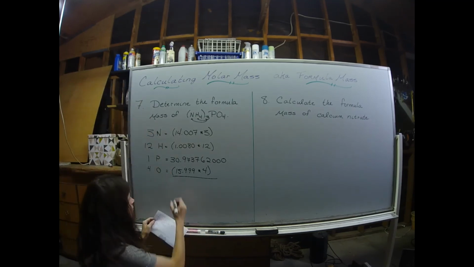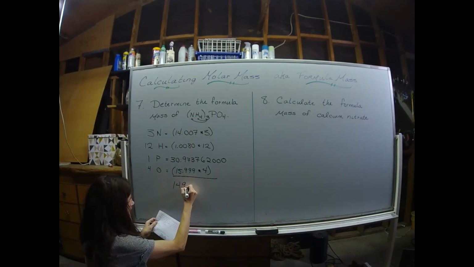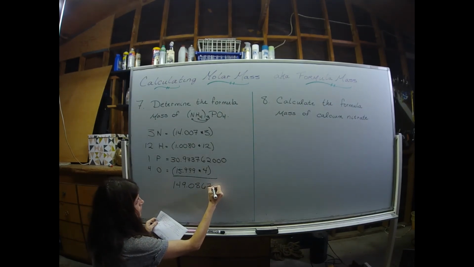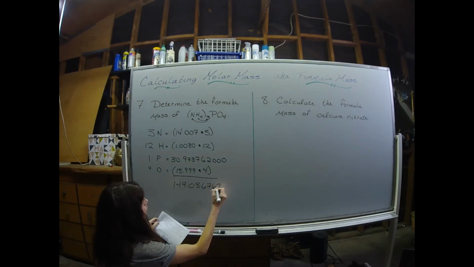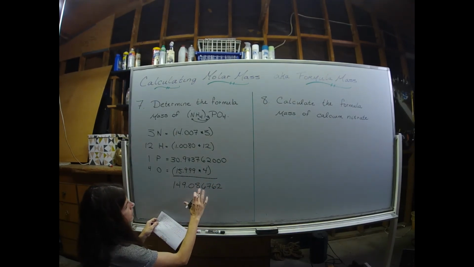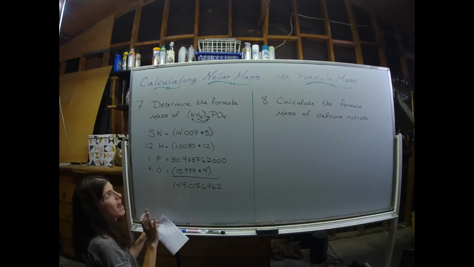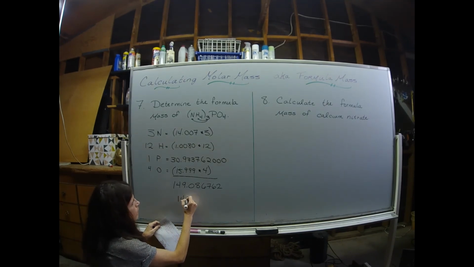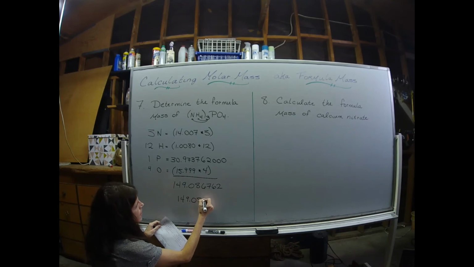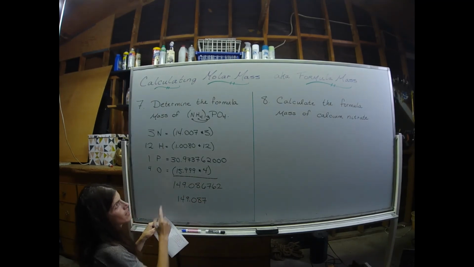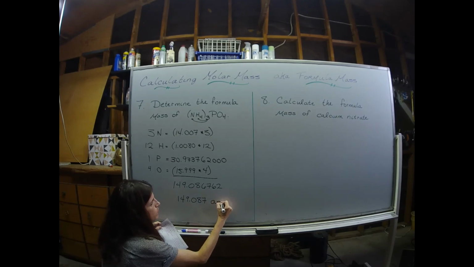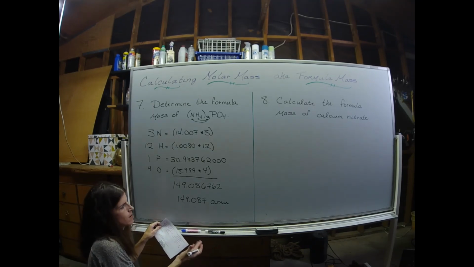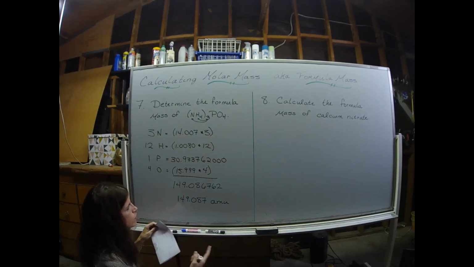And when I did that, I got a value of 149.0867662, and it goes on because of all the sig figs. However, at the end of the day, I only have 3 decimal places, so I'm going to round this to 149.087, and this is going to have units of AMU because they asked for formula mass. But if I was doing a different type of problem, I could totally just change the AMU to grams per mole. They're interchangeable like that.